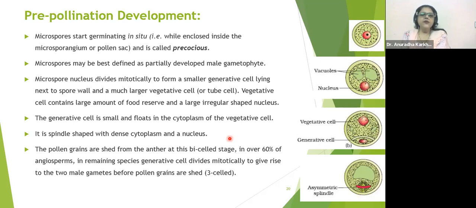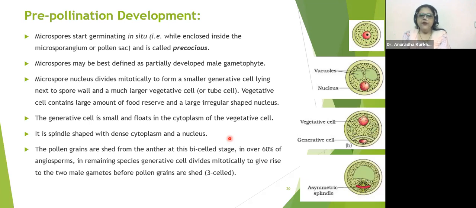Anyone having difficulty with the first point? Got it very clearly? All of you, I'll repeat one more time. Precocious development means when the pollen grain is still inside the anther, the male gamete formation is initiated. This type of development is called as precocious.